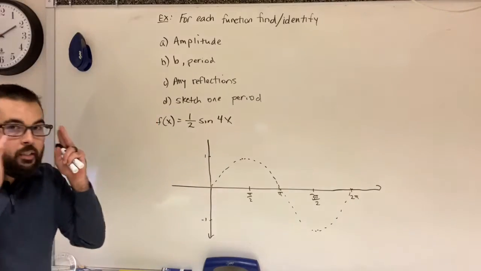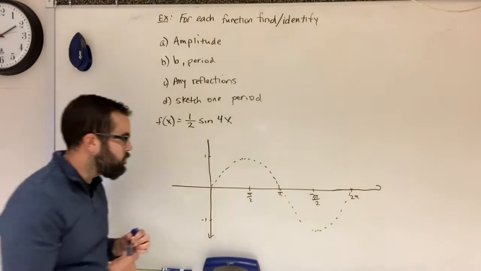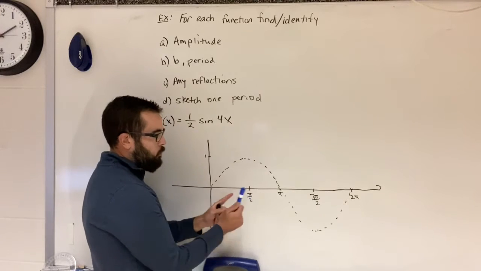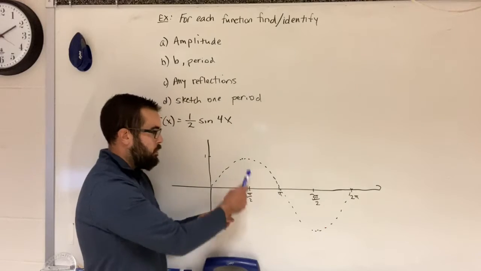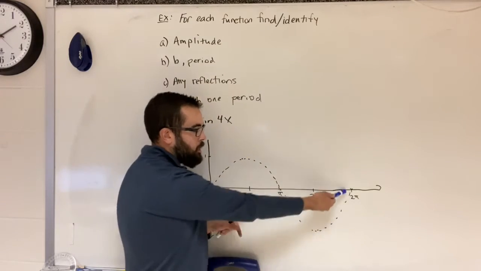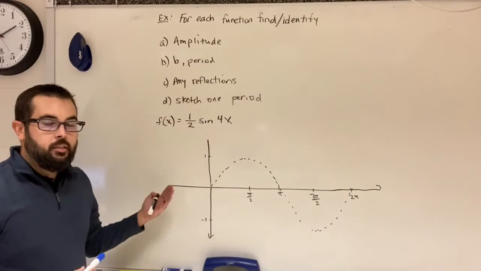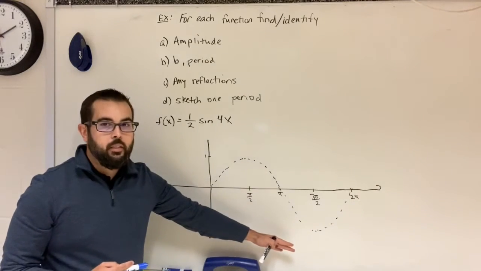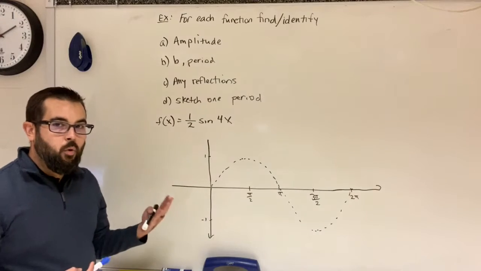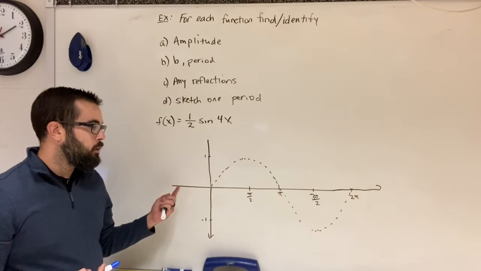And I want you to notice how the period is defined. When we sketch, we're really focused on these critical values: the max, the 0, the min, and the other 0. We only want to find those key points. So if you notice, there's 4 key points on every period.